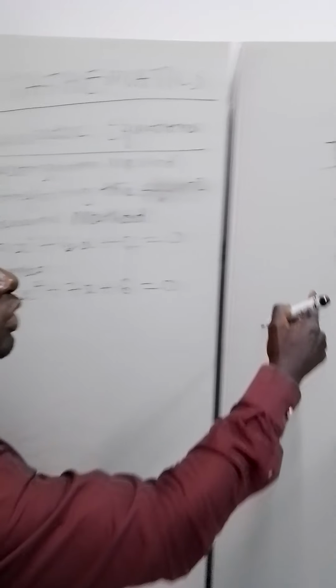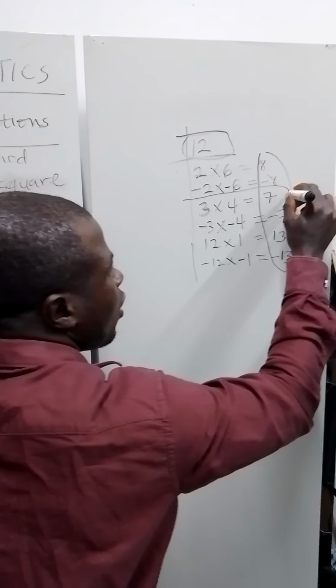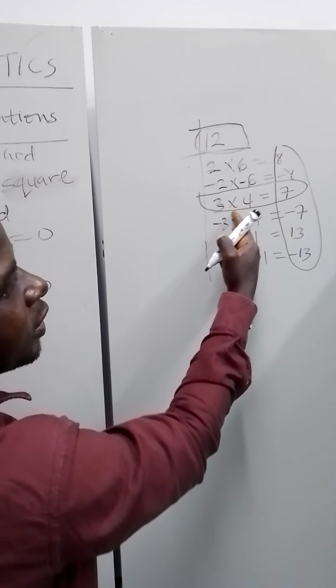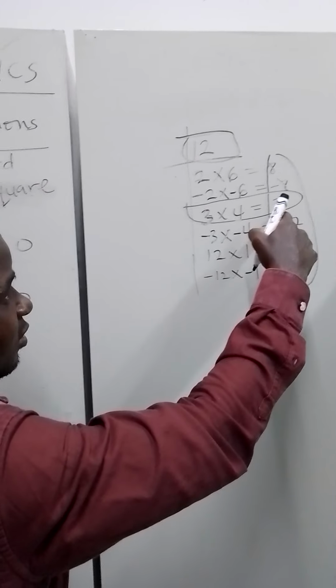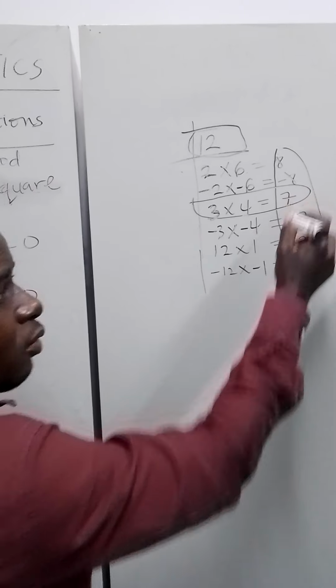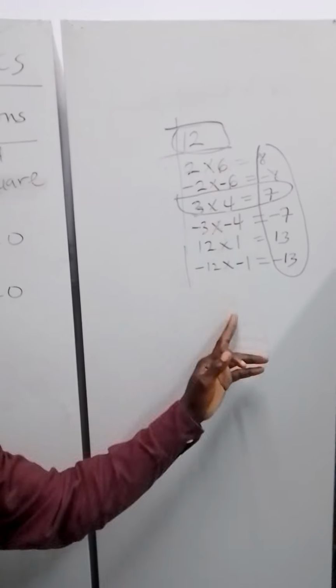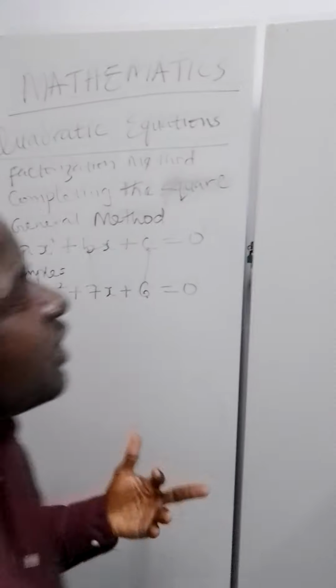So we now go back to the factors we have. We pick the one that gives us plus 7. Look at it. This is the one that gives us plus 7. 3 times what? 3 times 4. That is the one that gives us plus 7. How we get this plus 7, I believe we understand it. Out of all these factors, we are picking only 3 and 4. What are we going to use 3 and 4 for?